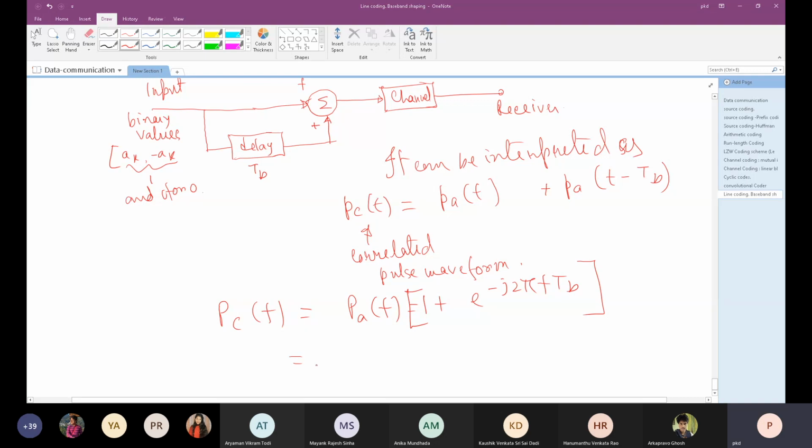So that if we evaluate its power, so it will be power of PAF into, okay, so this will be cosine twice pi f TB minus sine of pi f TB plus 1 plus, okay, just write whatever is coming.